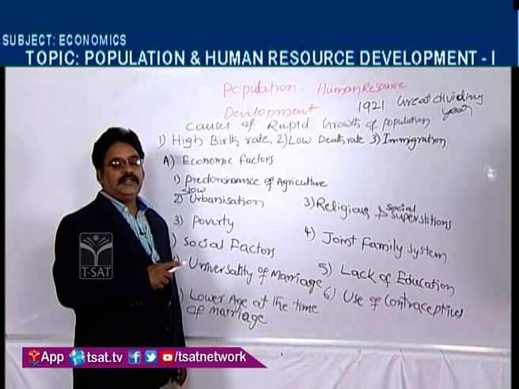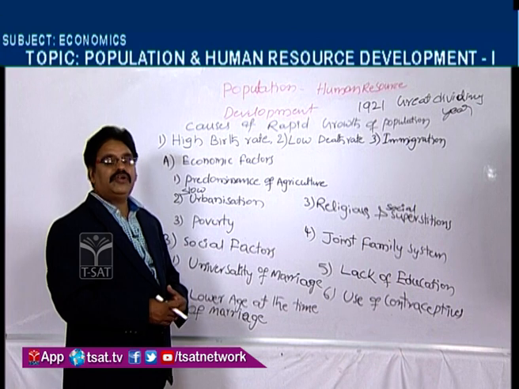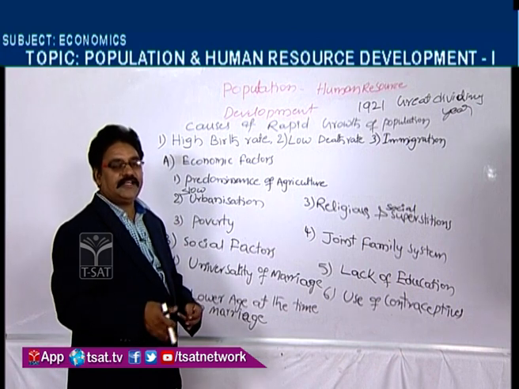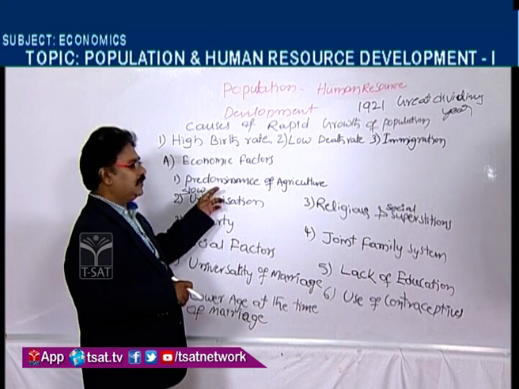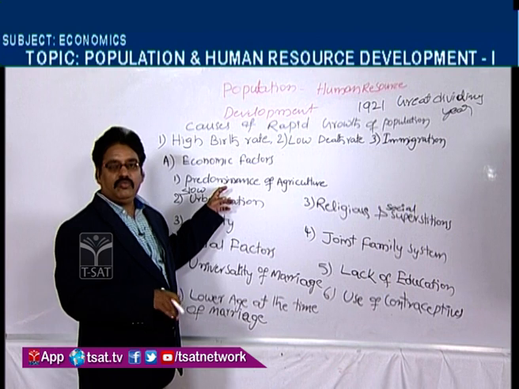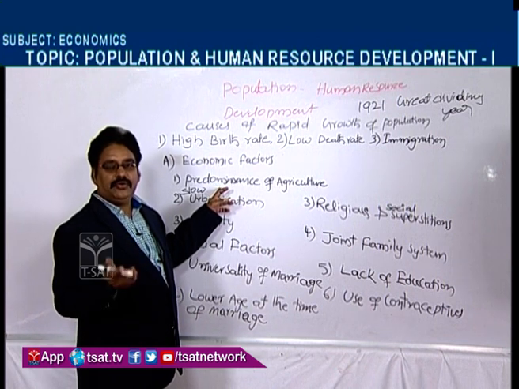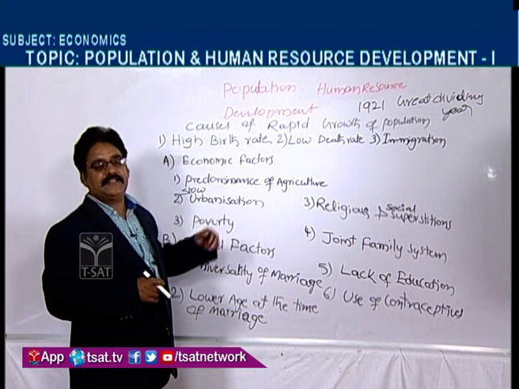on that. In an agrarian society, families used to have more number of children to undertake the agriculture program, and for that purpose, predominance of agriculture, most of the people depending on agriculture, more or less 70% of the people, during 1950, if we observe, nearly 70% of the people were engaged in the agriculture sector.